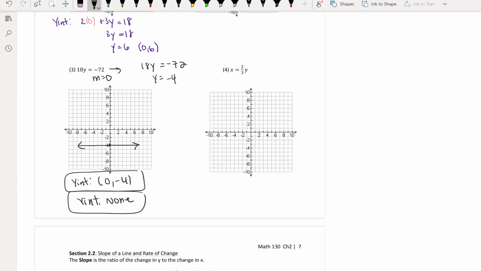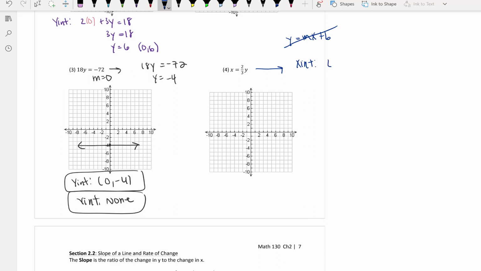And then for this last one, I'm looking at this and I'm like, okay, I usually write it in the y is equal to mx plus b form. That usually helps me out. But remember, it's asking us to find the x and the y intercepts. So I'm going to forget about that for just a moment. I'm trying to find the x-intercept.